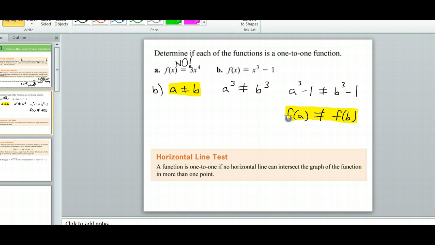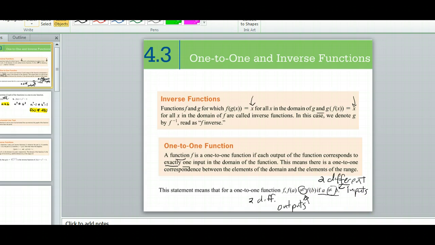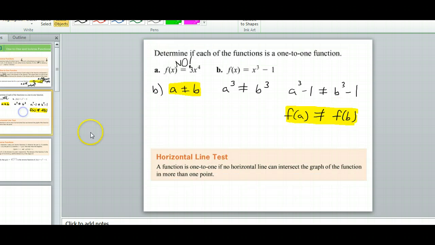Alright, why does that matter? It fits the definition of what we wrote on this page right here. The outputs are not equal if the inputs are not equal. That's the definition of a one-to-one function. And we just showed that if the inputs are not equal, then the outputs are not equal.